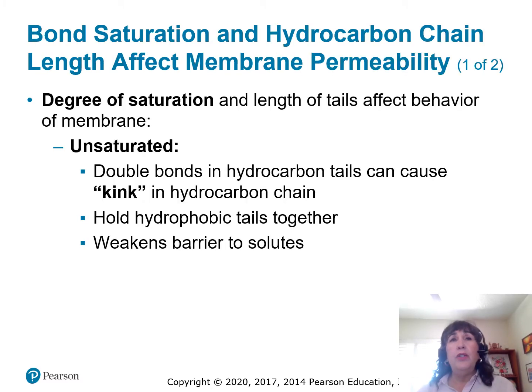So let's look at the degree of saturation and length of tails and how it affects the behavior of the membrane. If the tails are unsaturated, that means there are kinks, so the tails are not densely packed. And if the tails are not densely packed, then we can imagine that a lot more molecules can cross the membrane.